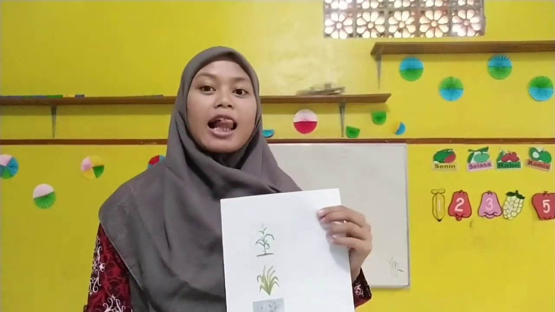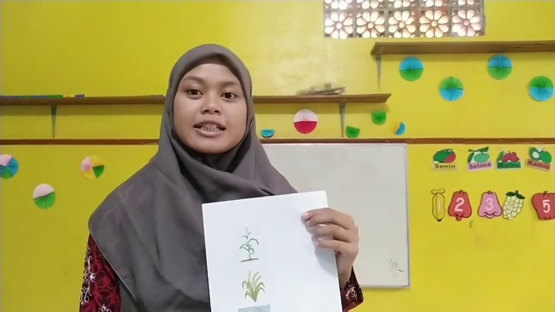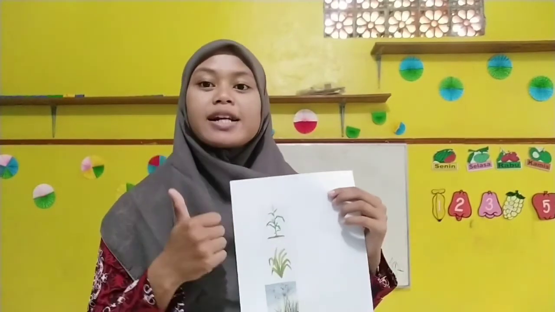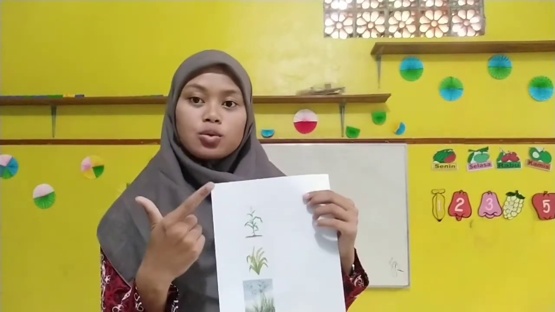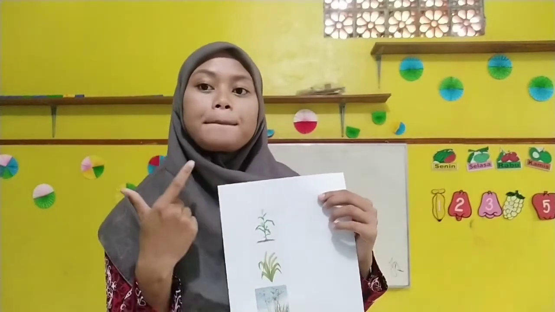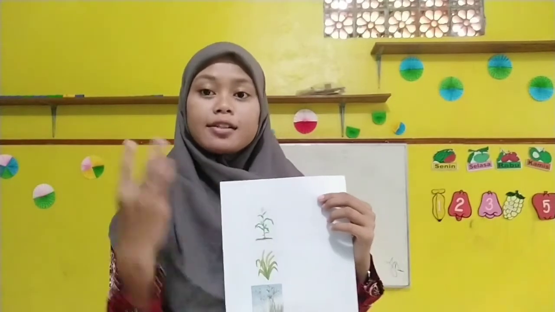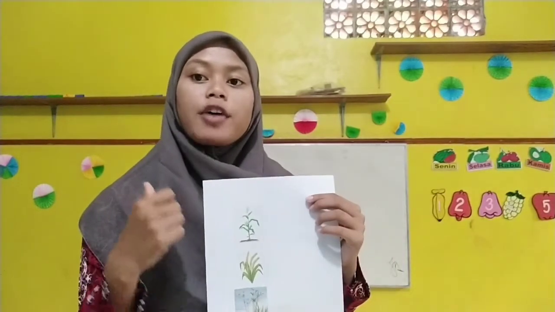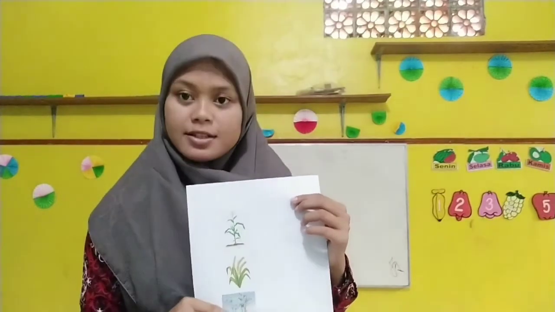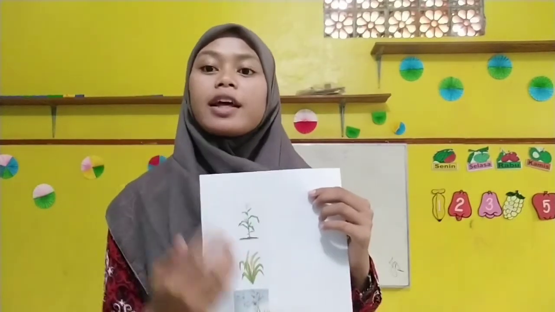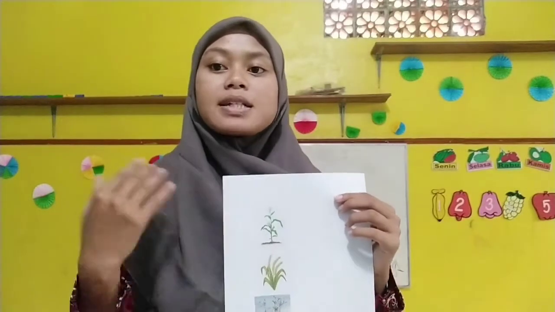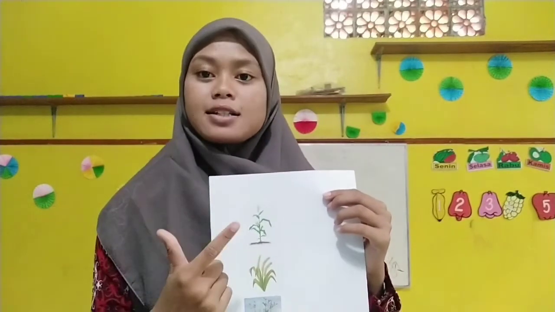Plant parts, leaf structure and types. Leaf function: 1. As a place for making food, photosynthesis. 2. As a place for breathing. 3. As a place for evaporation.